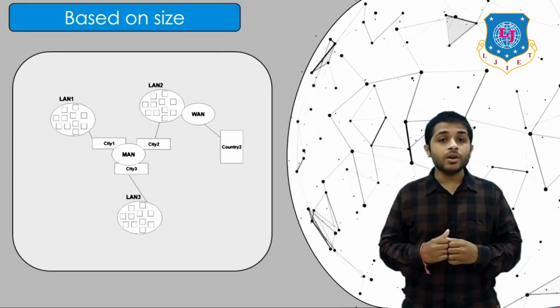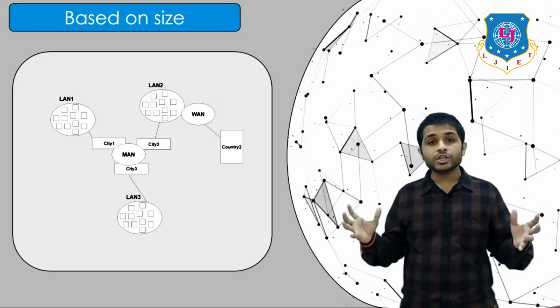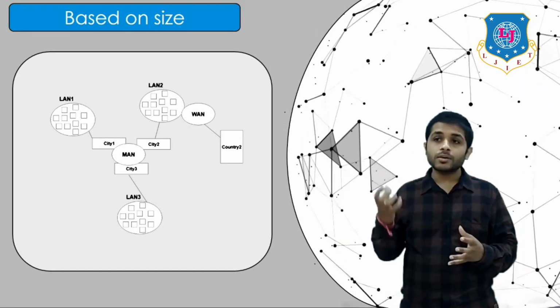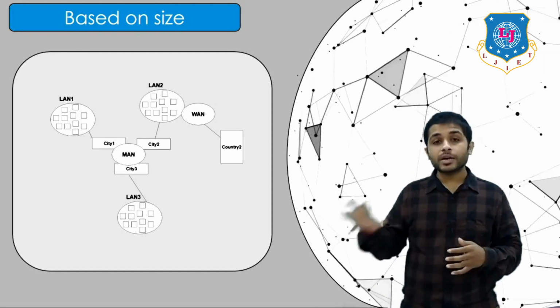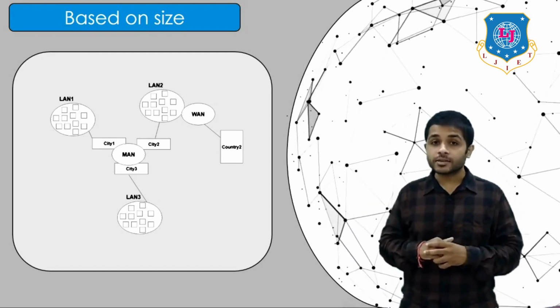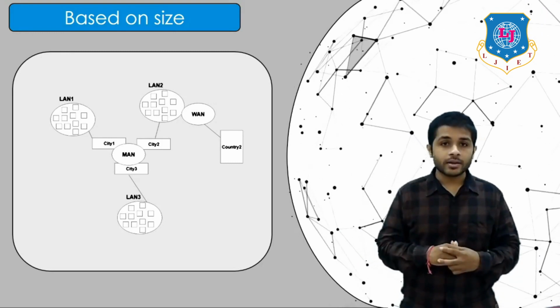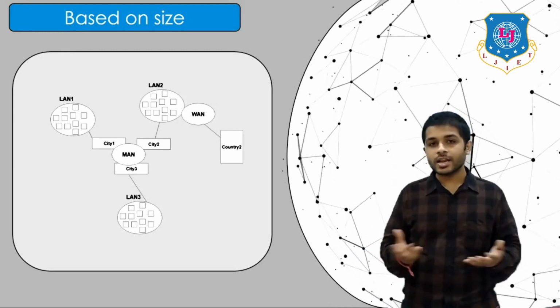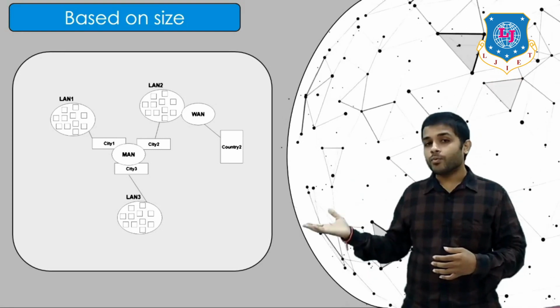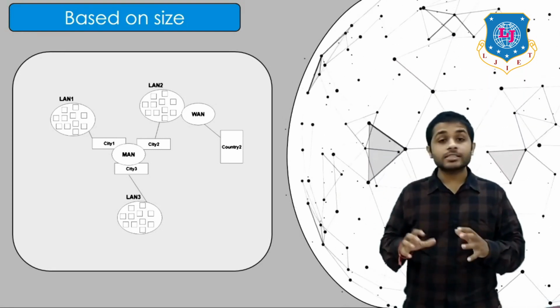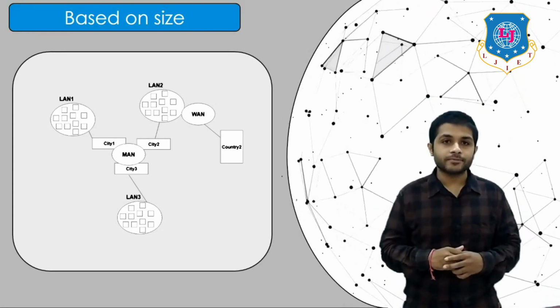And the example of the MAN is the combination of LANs. So the MAN can be present in a particular region or particular city. So MAN is the collection of LANs, and just like that, the WAN is the collection of LANs.